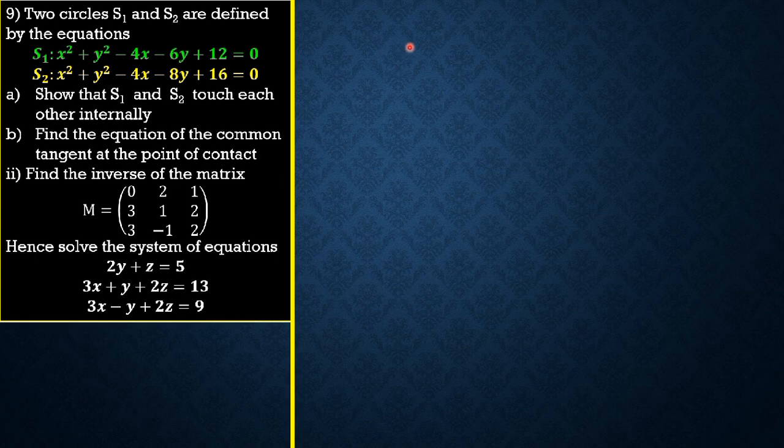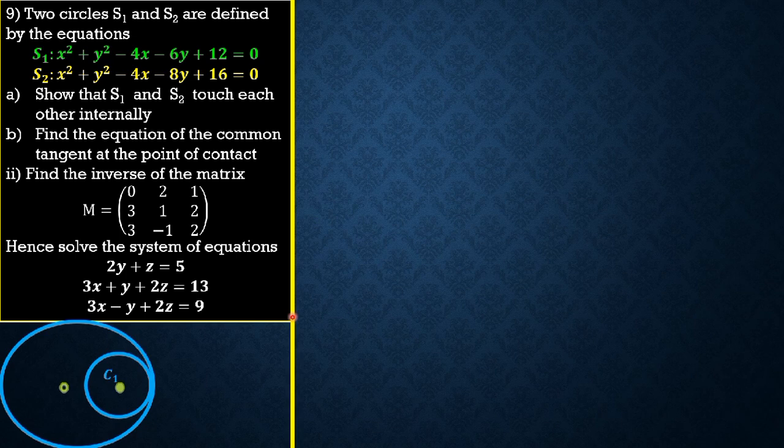Now, guys, let's simply recall the condition for two circles to touch each other internally. Let's have a circle of this form. Let's have another circle which touches it internally, that's inside. Let's just say that this small circle has a center at this point. Then let's say the center of this small circle is C1.